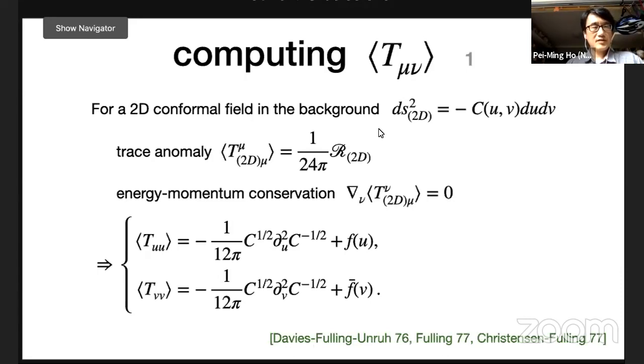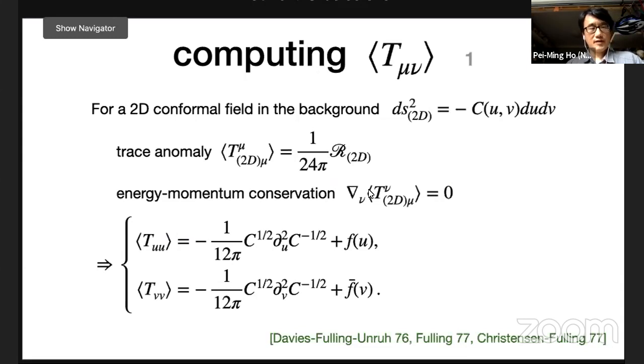They considered a two-dimensional model, an S-wave reduction of the four-dimensional space to two dimensions, with a two-dimensional massless scalar field. Then you know the trace anomaly, and you know that the energy momentum tensor has to be conserved according to the semi-classical Einstein equation. So you have two equations.